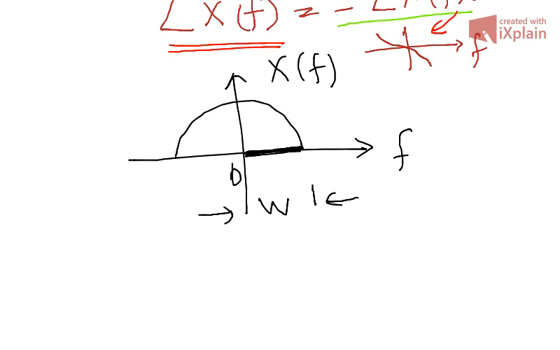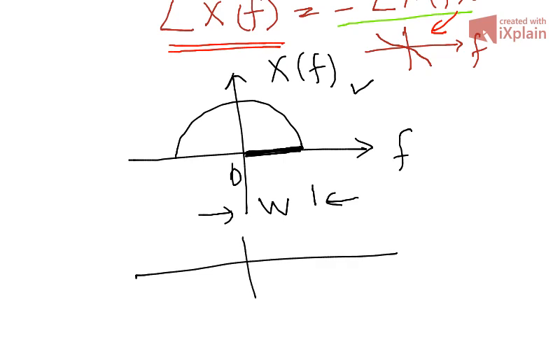These are all positive frequencies, and we define this as the bandwidth of our baseband signal. It is a low pass signal. You need just a low pass filter to give you this signal. It can just pass through a low pass filter, right?